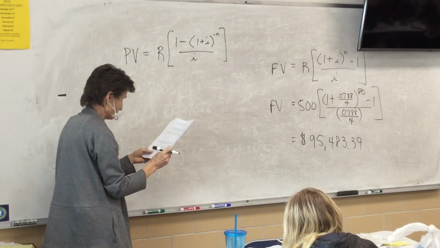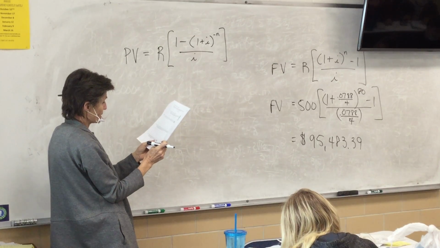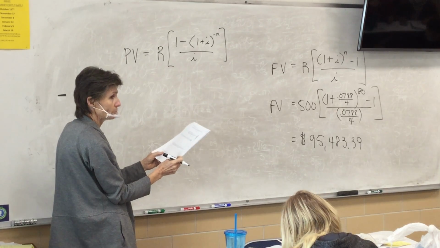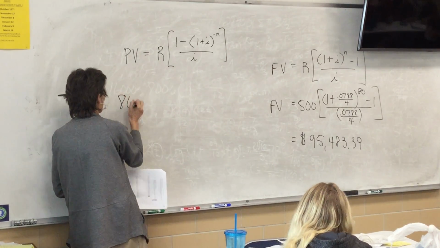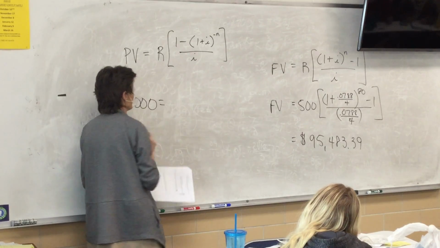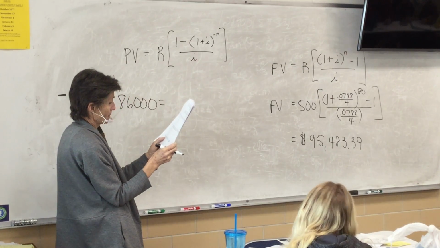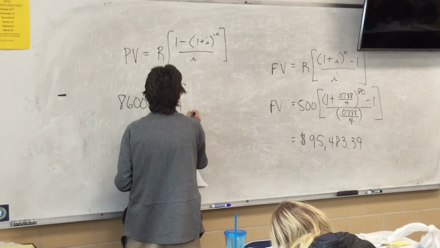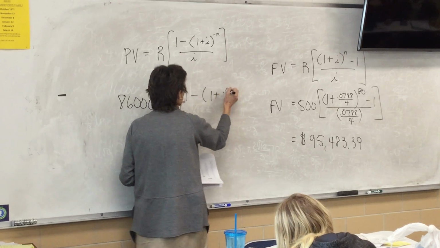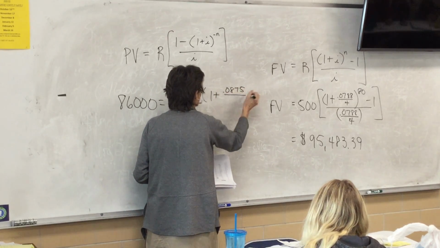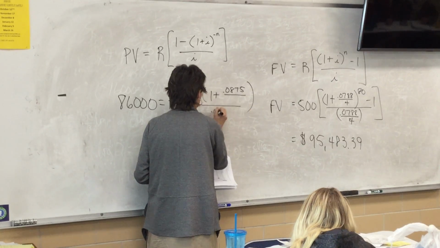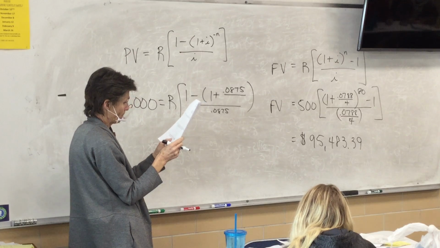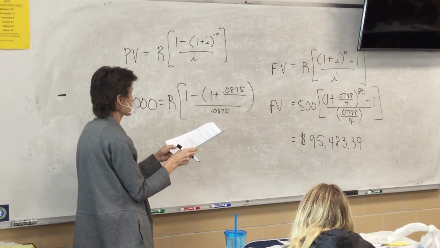All right, so here we go. Gendo obtains a 30-year, $86,000 house loan. So the value of the loan is $86,000. The interest rate is 0.0875. Monthly payments.